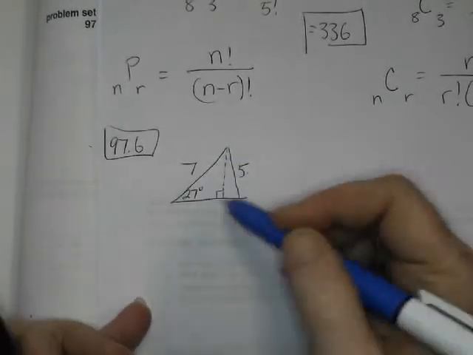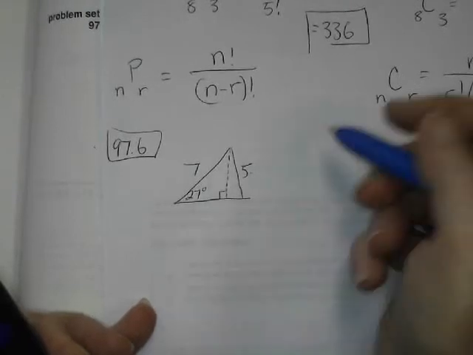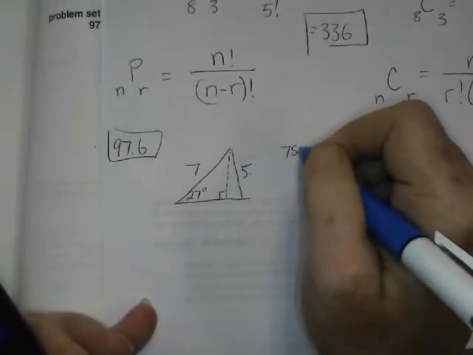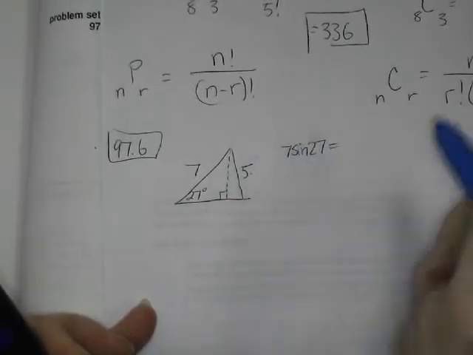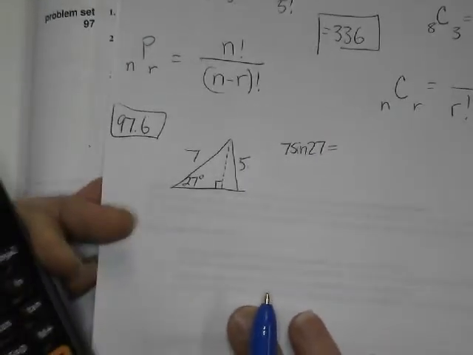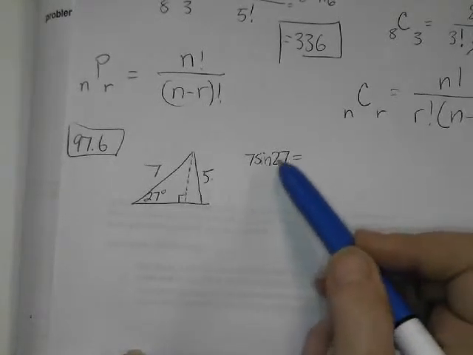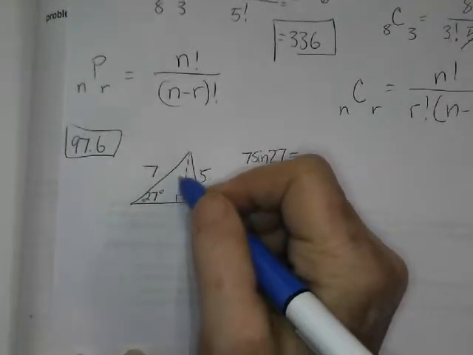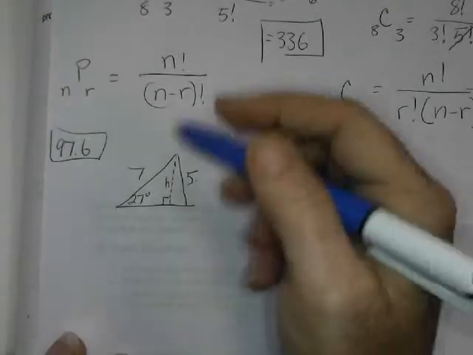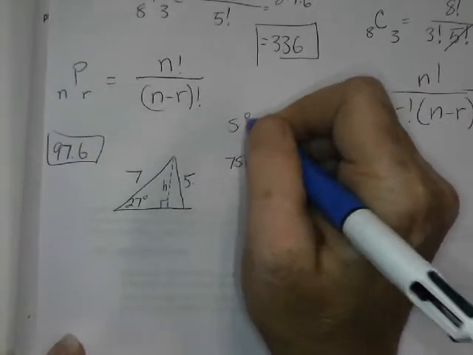Well, in the video, the lady just said, hey, just go 7 sine of 27. That'll give you the height. You might be a little skeptical about that, and maybe you want to see why. If you call this h for height, you know sine is opposite over hypotenuse.